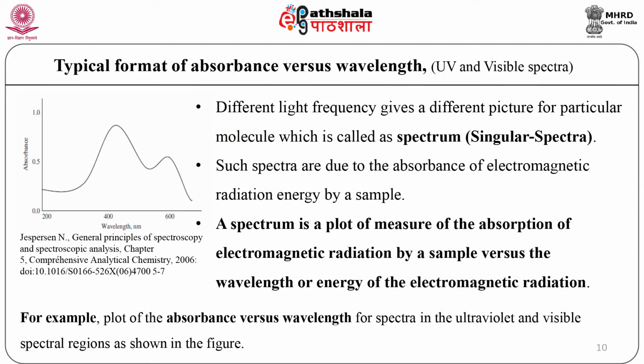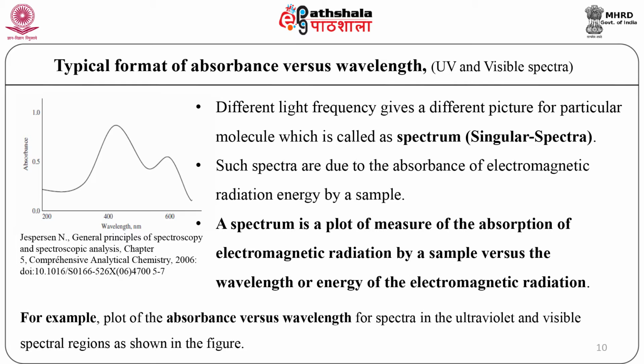In spectroscopy, different light frequencies give a different picture of a particular molecule. It is called a spectrum. Such spectra are due to the absorbance of electromagnetic radiation energy by a sample.